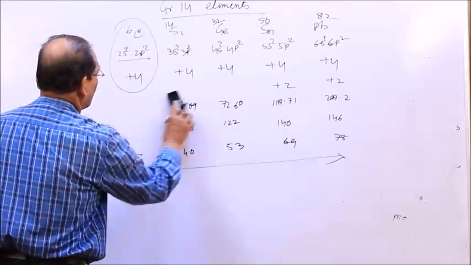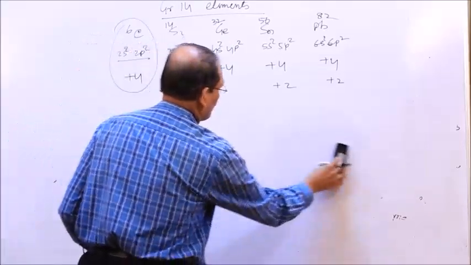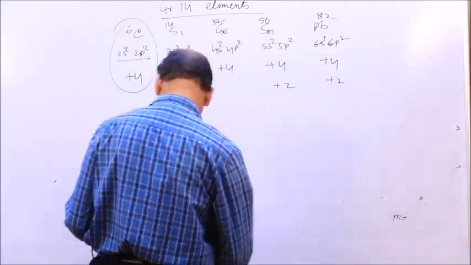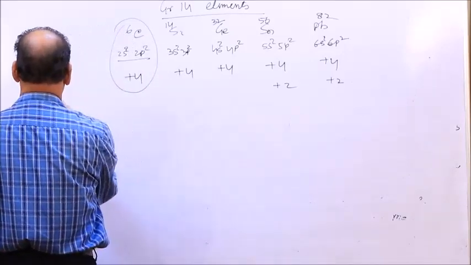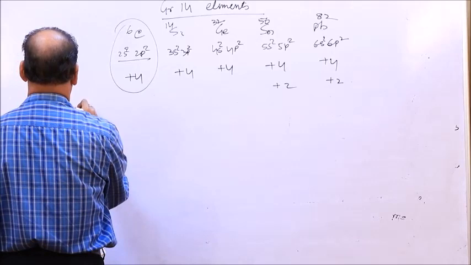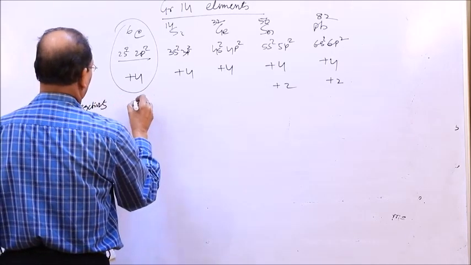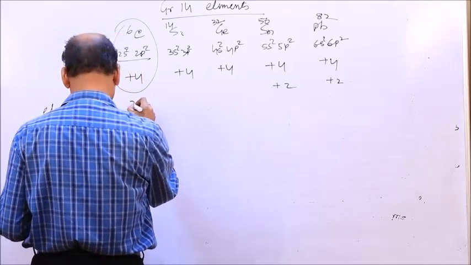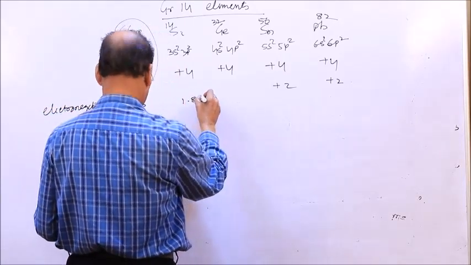Coming to electronegativity, the electronegativity of carbon is higher, that is 2.5, and then it is 1.8.